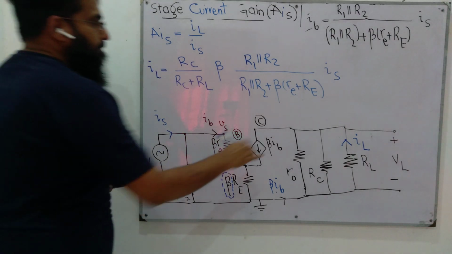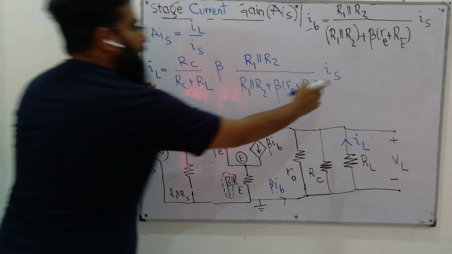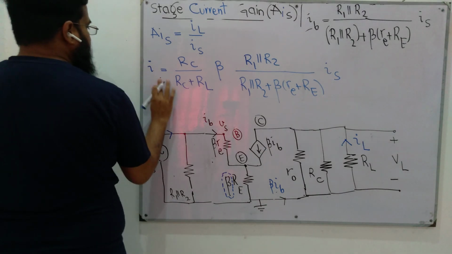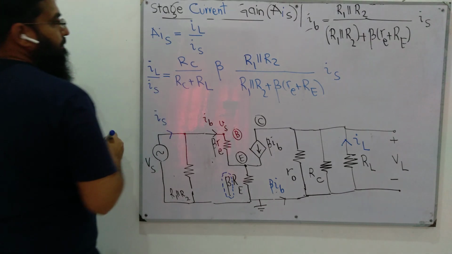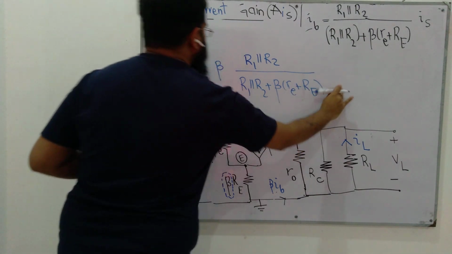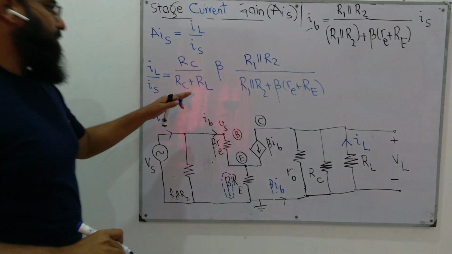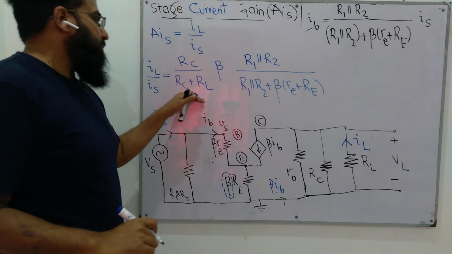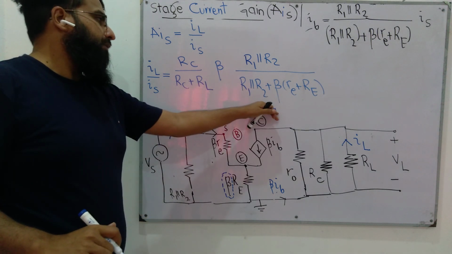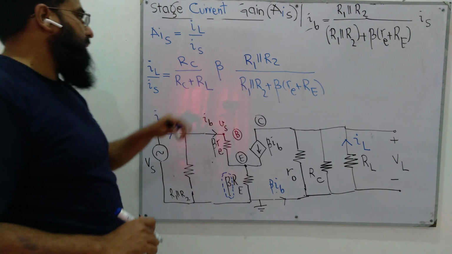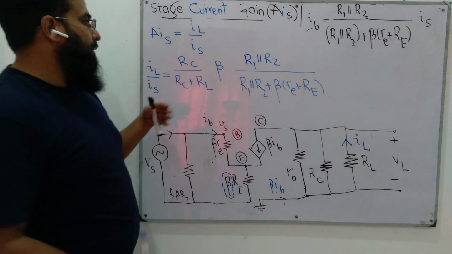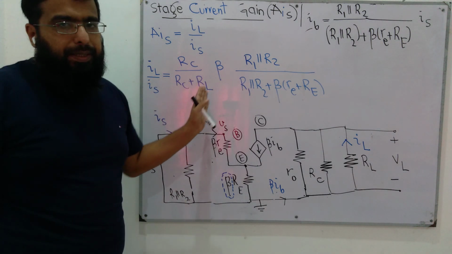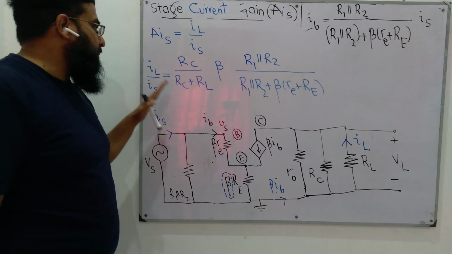Now if we divide by IS, this becomes IL over IS, and this is beta times this current divider term times this current divider term. Both these terms are less than 1. This gives us a value that is slightly less than beta, but it still offers a good current gain.